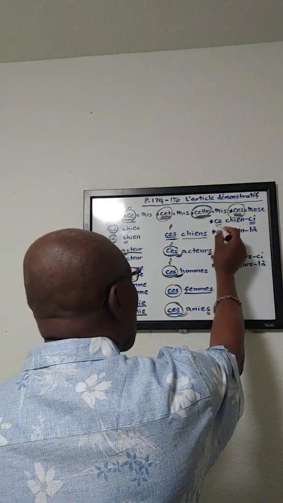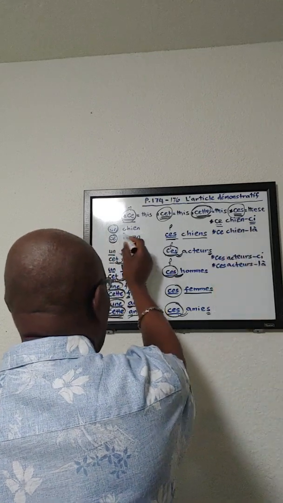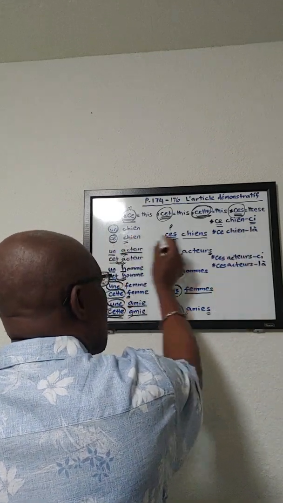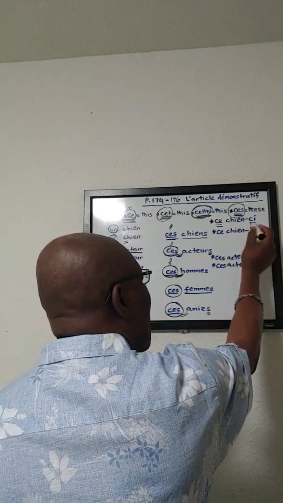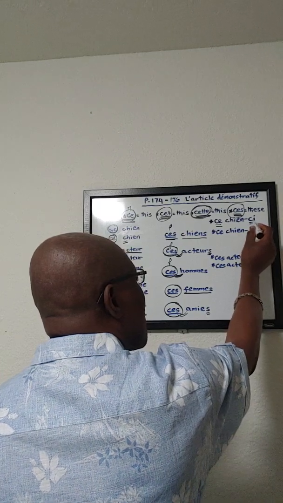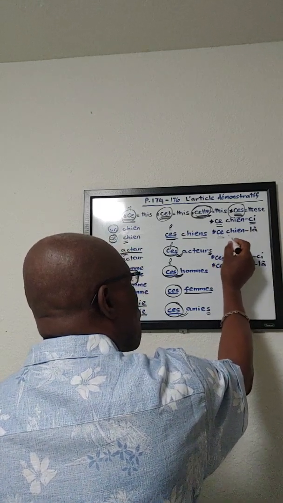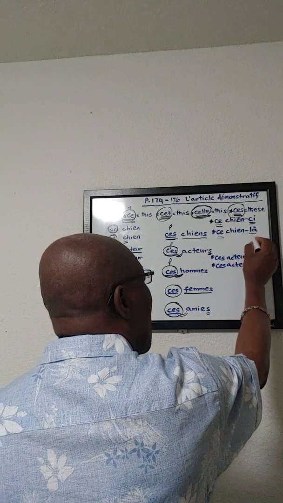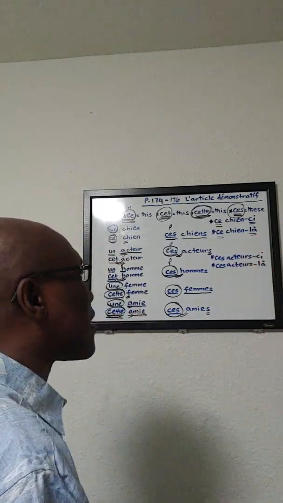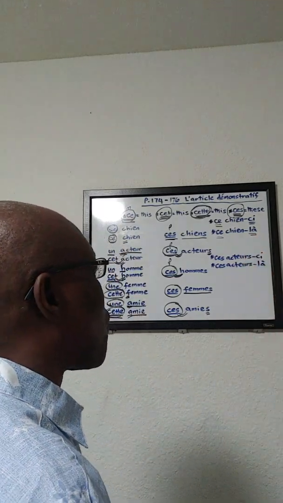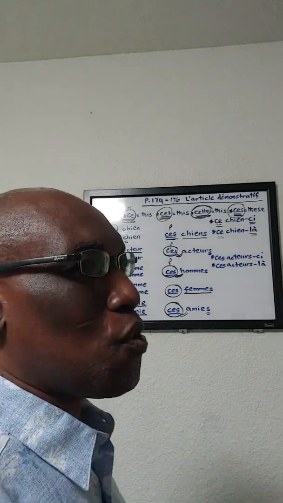Now, another thing. Here, you will see that we have our ce chien here. But we've added something. Ci here. Here we have our ce chien. We've added là here. The ce is there to show the difference between whether the person speaking is closer to the object he or she is talking about.